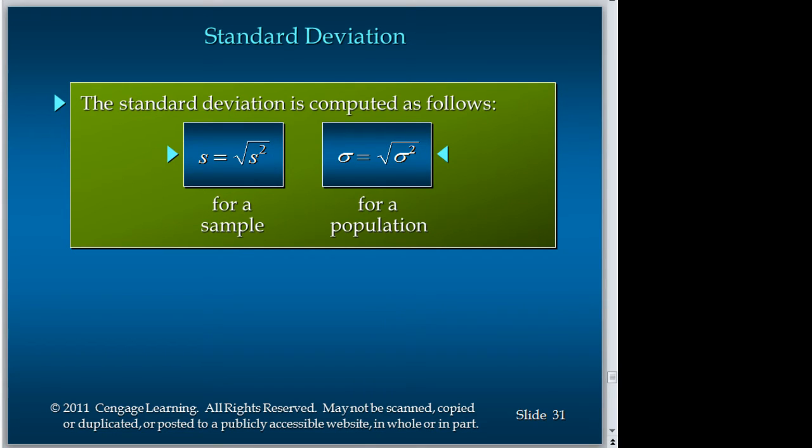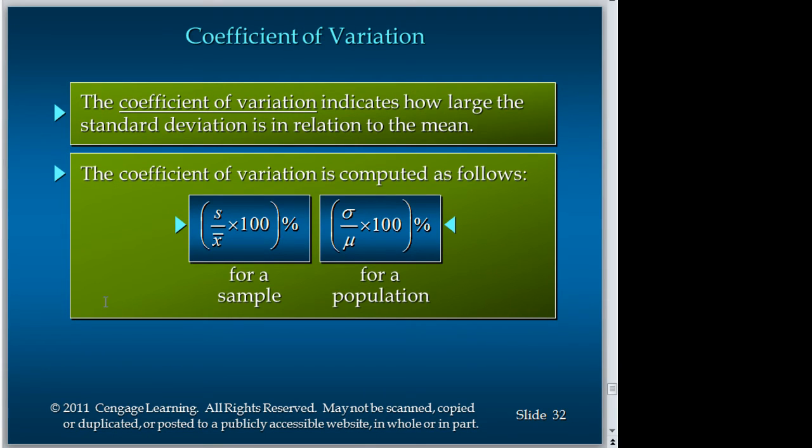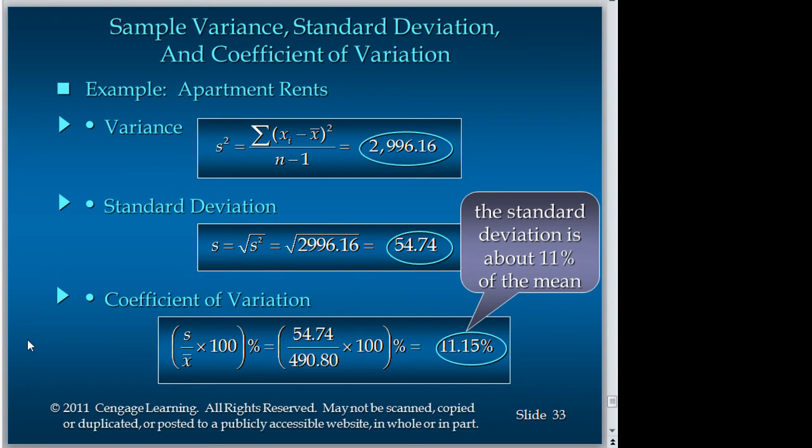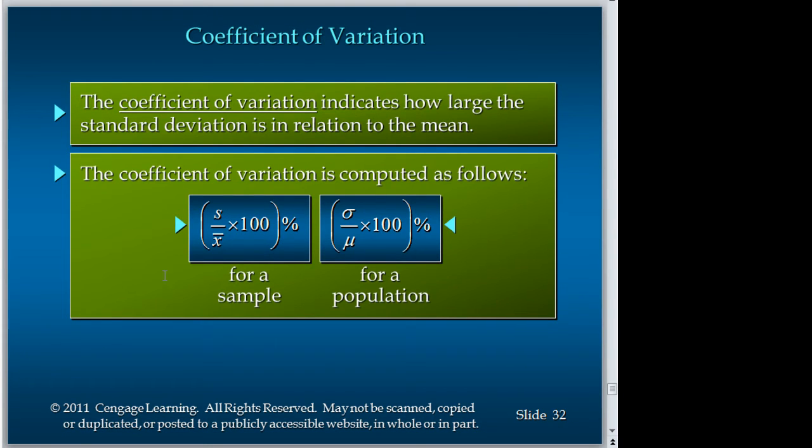So we talked about variance and the standard deviation. Now, coefficient of variation is basically these two formula, right? Coefficient of variation indicates how large the standard deviation is in relation to the mean. Basically, it's like this.